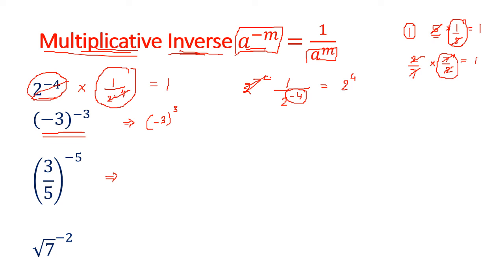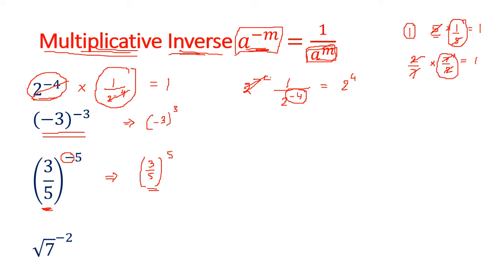So the multiplicative inverse is given as a raised to minus m and a raised to m are the multiplicative inverses of each other. So the multiplicative inverse of 5 raised to minus 5 is 5 raised to the power 5. So what you can see, in the multiplicative inverse, the base remains the same. Only the sign of the power changes.